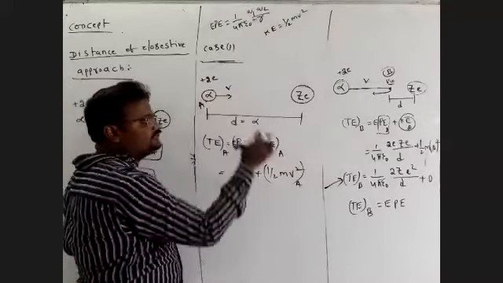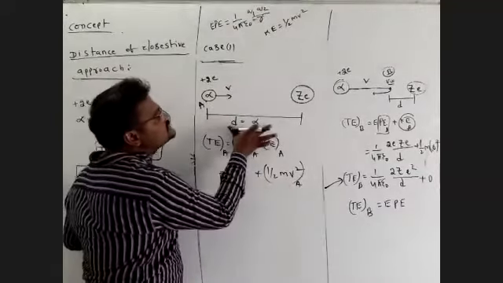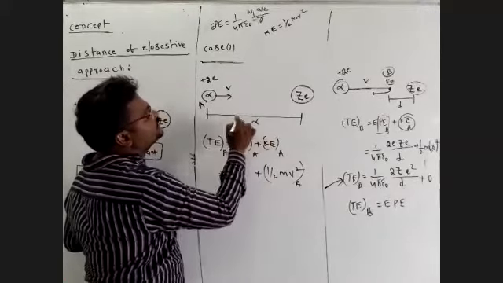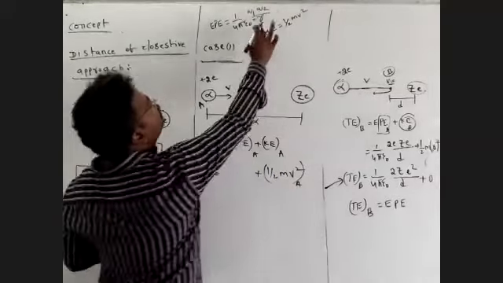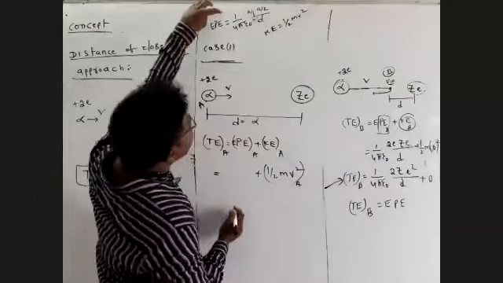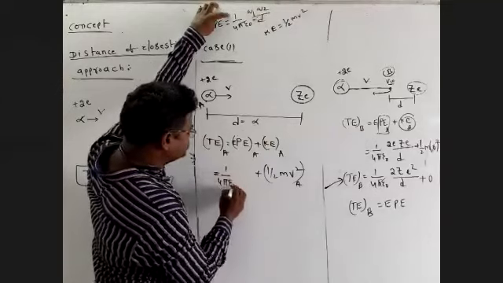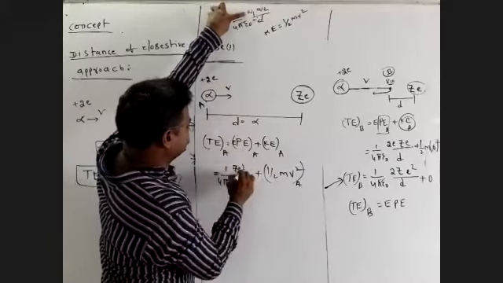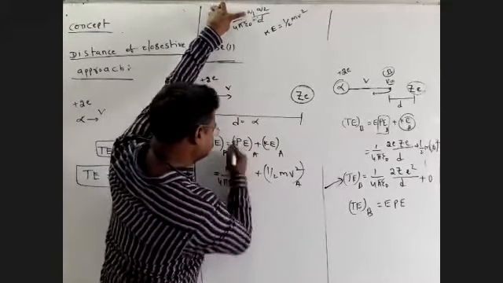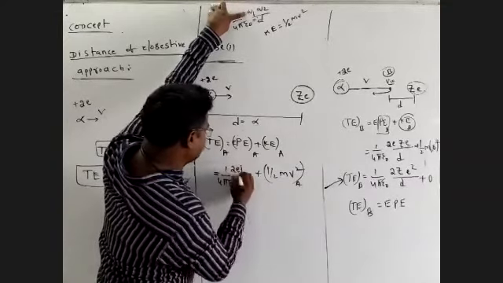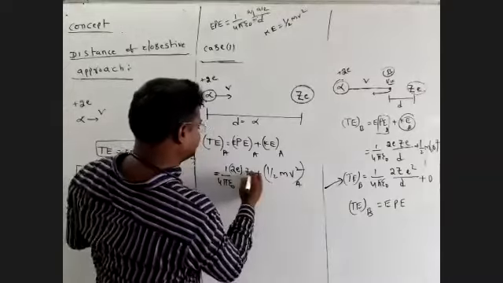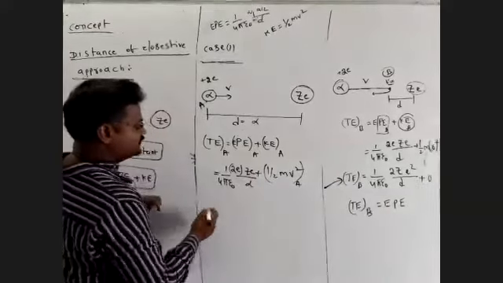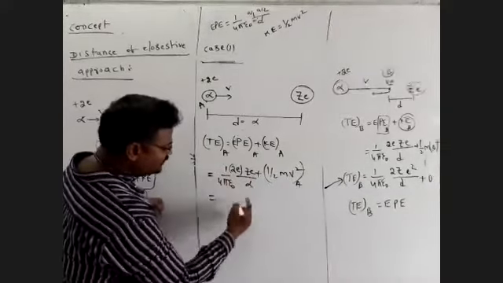Initially the alpha particle has high kinetic energy, and the distance between the alpha particle and Z is infinity. For the electrostatic potential energy, we take 1 by 4 pi epsilon naught, q1 is 2E, q2 is ZE, divided by the distance between the two charges, which is infinity. So 1 by infinity means 0.